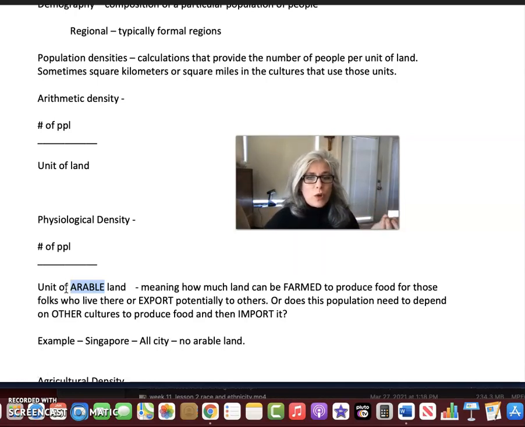Are these folks going to be able to be economically independent of other regions, or is there a lot of trade going on, movement of food in this case, whatever kind of foodstuffs that's necessary to support this population of people? And so you can look at dependence or interdependence with other regions based on the amount of arable land that's available in a population.